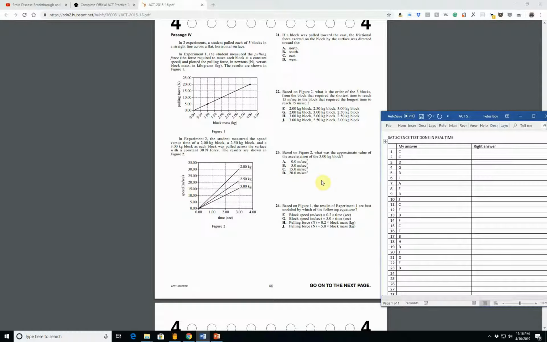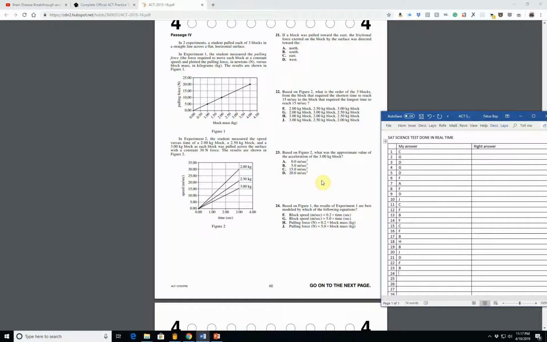24, based on figure 1, the results of experiment 1 are best modeled by which of the following? Block speed equals meters per second, 0.2. Okay, pulling force. It looks like about 5 times the block mass.